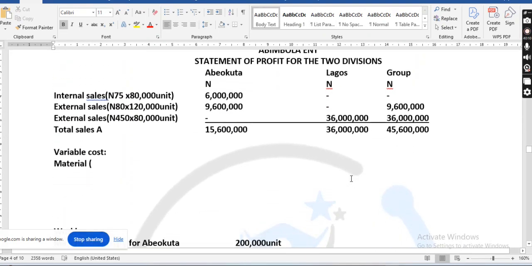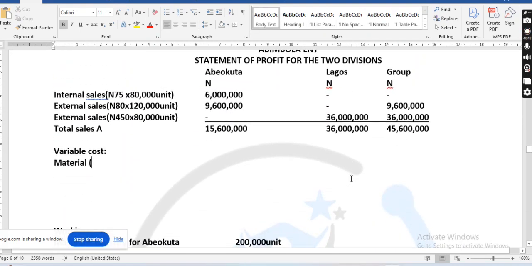5 naira per unit times the 200 units that you want to produce. So what do you have for Abeokuta? 1 million.